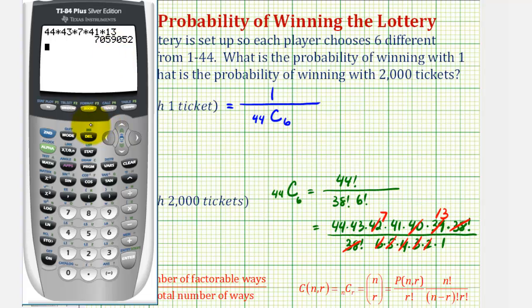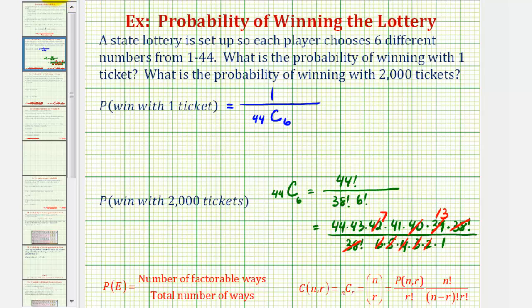We could have also evaluated the combination on the calculator by pressing 44, math, left arrow to probability, option 3, then 6, enter. Notice how it's the same value. So the probability is 1 over 7,059,052.